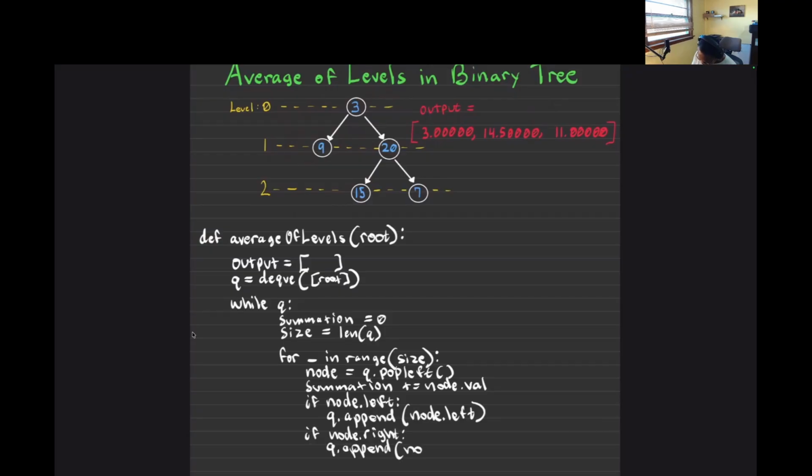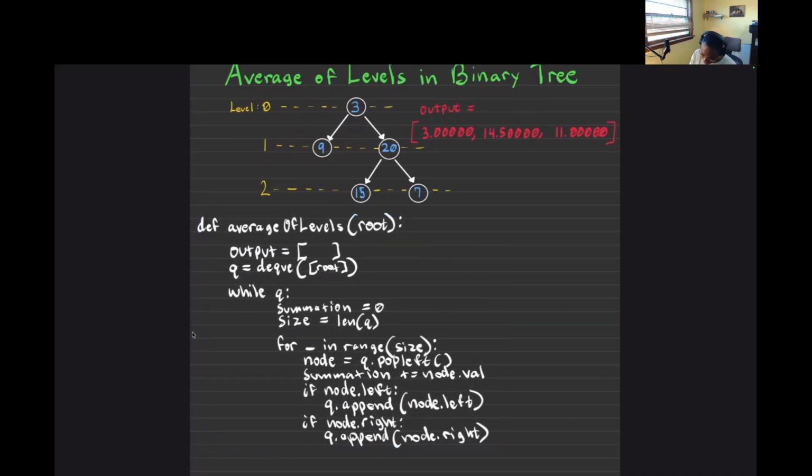So q.append node.right. And we're not quite done yet, because once we're complete with that current level, we want to get out of the for loop, and on this indentation layer, we'll append the summation divided by the size, right? That's the average, okay? And once we're done with the while loop, we just want to return the output, right? Okay? And that's the logic.